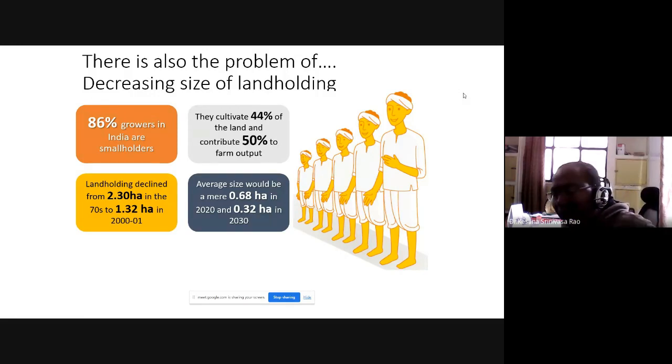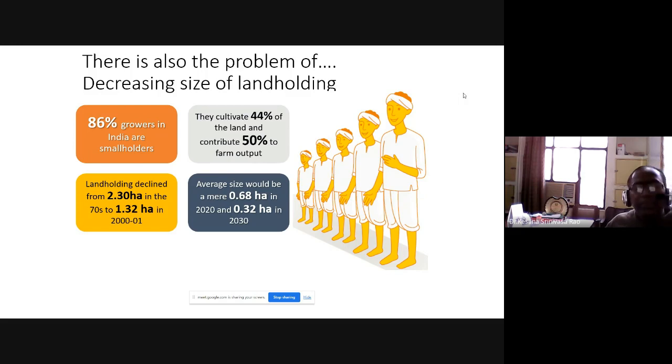We are suggesting different ways. The Indian government is suggesting cooperative farming and contract farming, trying to pull small land holdings into sizable land holdings which can be cultivated through mechanization and yield good results.